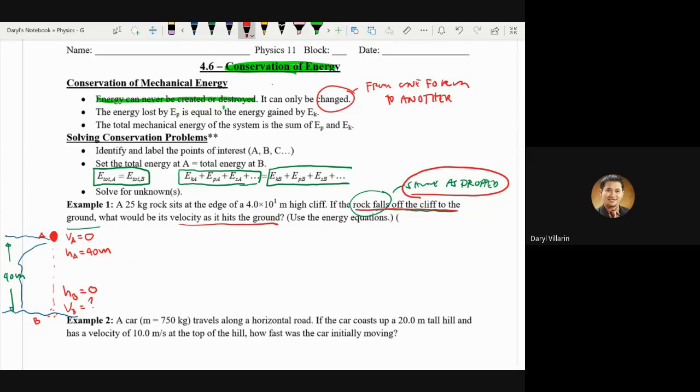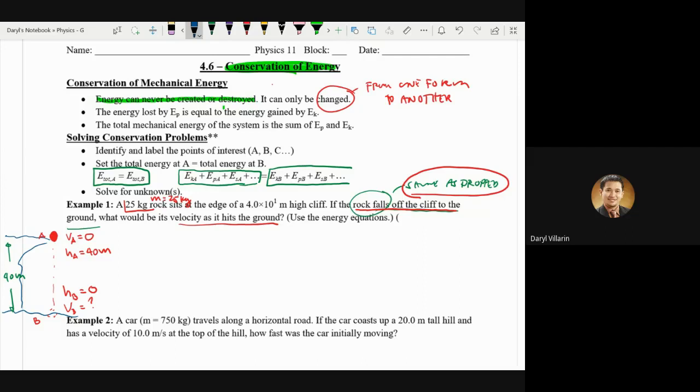Okay, we're given the mass of the rock. So this is the mass, 25 kilograms. So we use the energy equation. Although I believe that with the givens that we have, we can actually use the kinematic equation, but again, we're being instructed to use the energy equation.